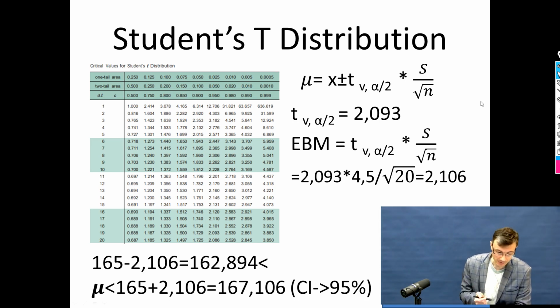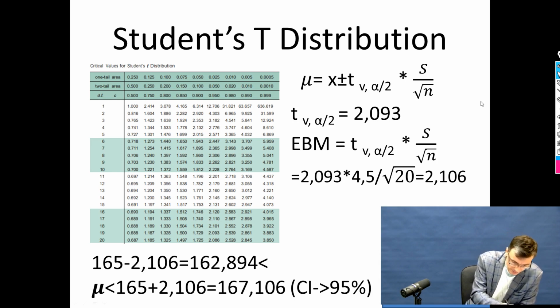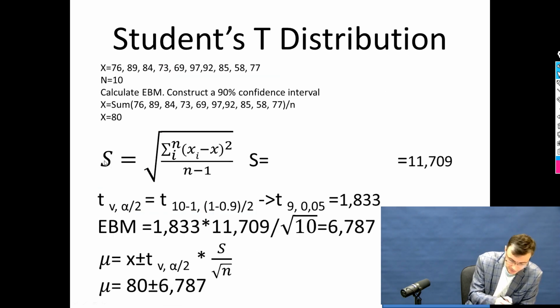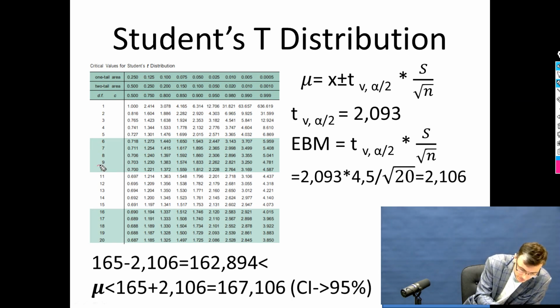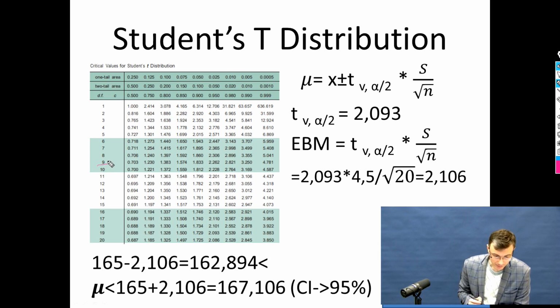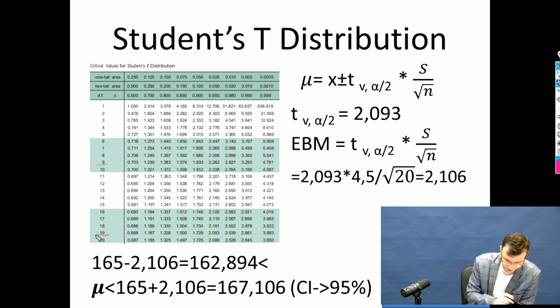So we have our freedom, the size of our sample minus 1, it will be, sorry, it will not be 9, it will be 19.